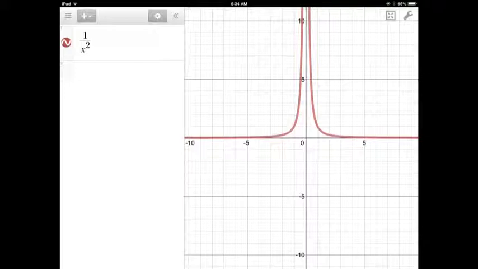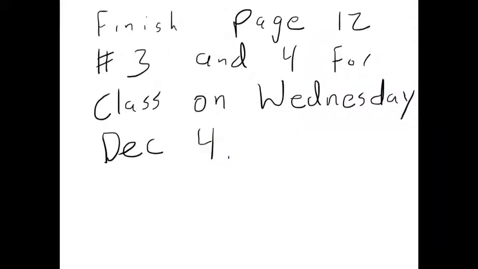And then you can explore what changing values of k into higher positive numbers and negative numbers does, instead of just leaving k equals 1, and describe the pattern of change there. So finish page 12, numbers 3 and 4 for class on Wednesday, December 4th. Done.